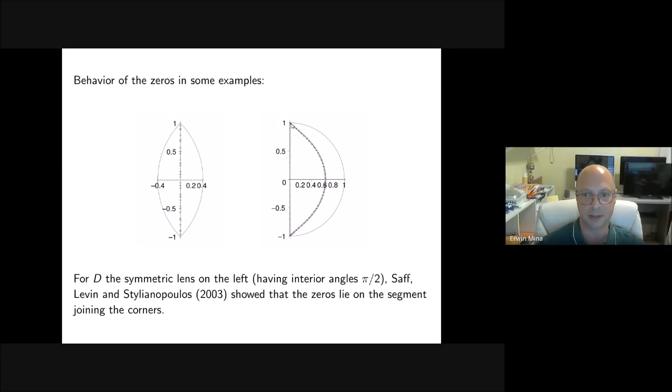If you take, for instance, half of the unit disk, then where are the zeros of the Bergman orthogonal polynomials for half the disk? Well, they appear to accumulate on some arc joining the 2 vertices in this case.